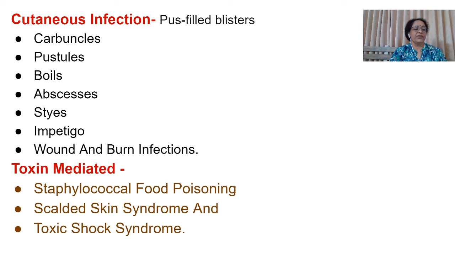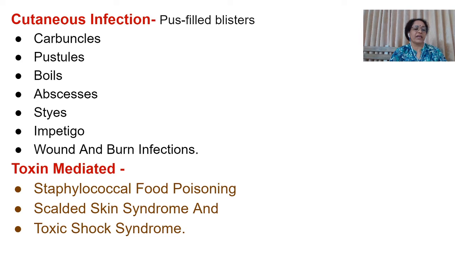There is impetigo caused by this organism, as well as wound and burn infections. The main mechanical barrier of the body, which is the skin, may get disturbed because of reasons like burns, and this organism may invade that burn and infect it. This is pyogenic infection of burns present on the skin, and the microorganism may also enter through wounds that are already present.